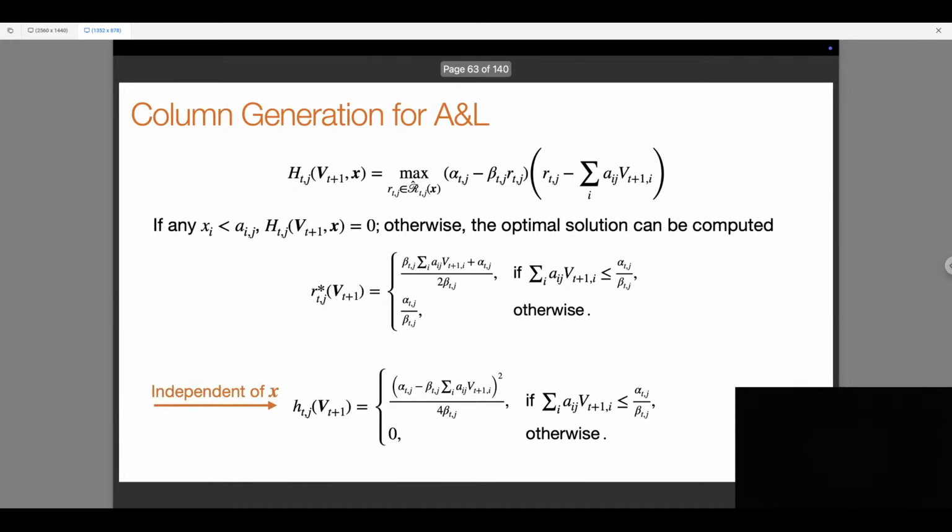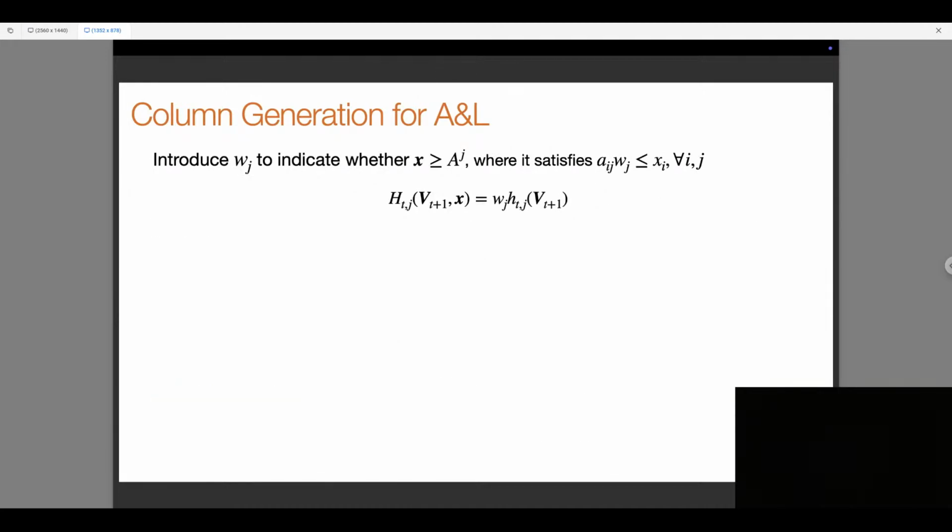And then we can introduce a variable wj to indicate whether x is greater or equal to aj or not, and it has to satisfy that aij wj must be less or equal to xi for any i and j.